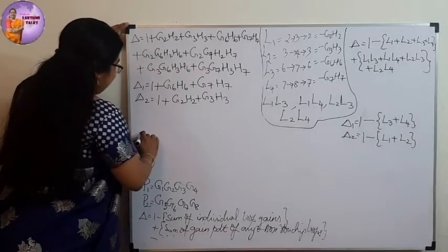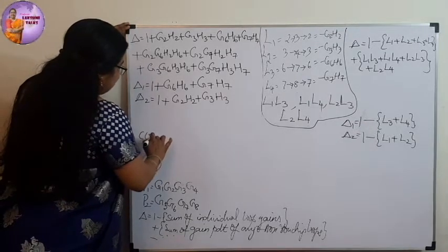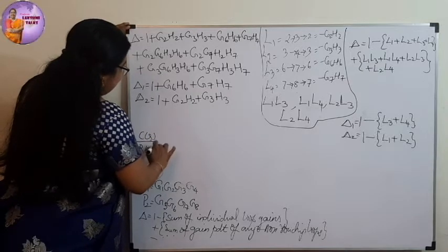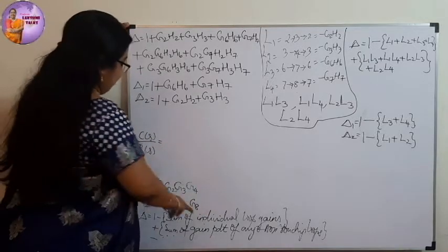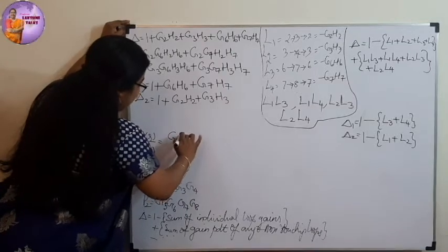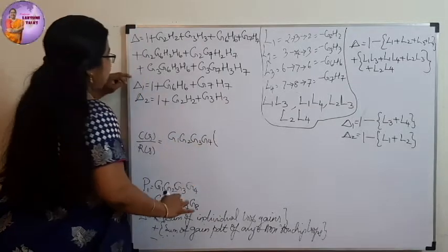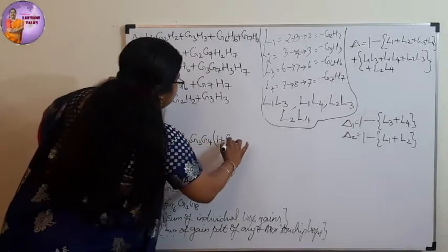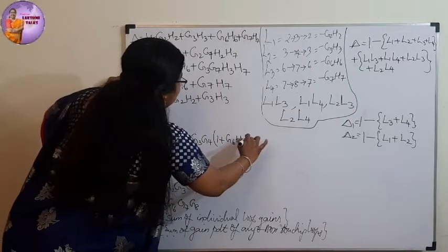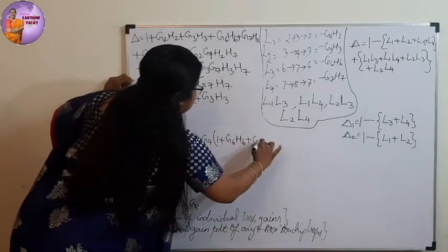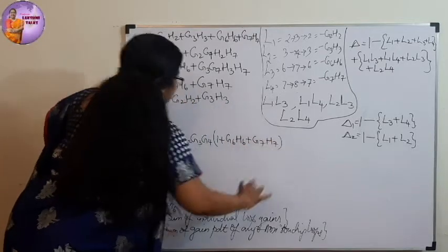So, what is the transfer function? C of S by R of S is equal to P1 delta 1. What is P1? G1, G2, G3, G4 into what is delta 1? 1 plus G6H6 plus G7H7, right?